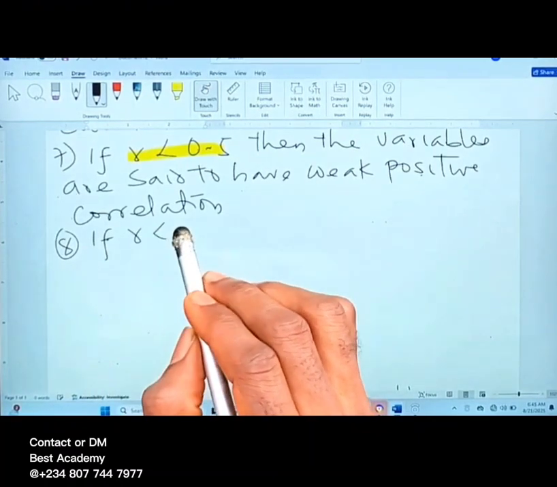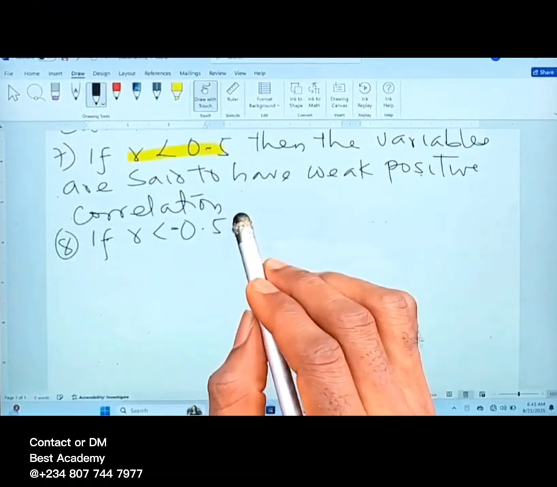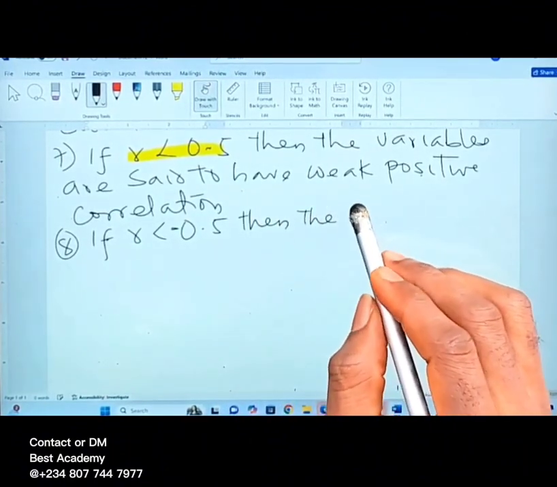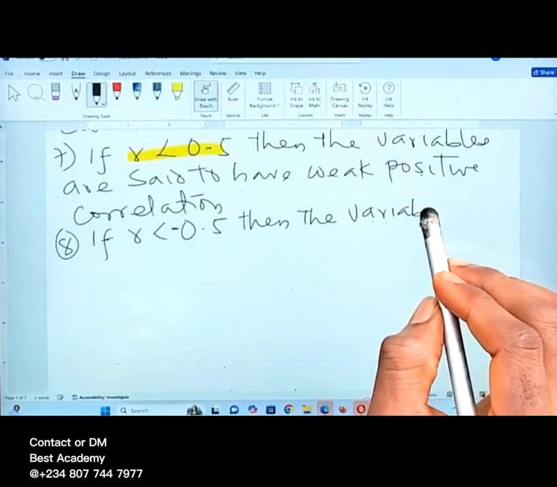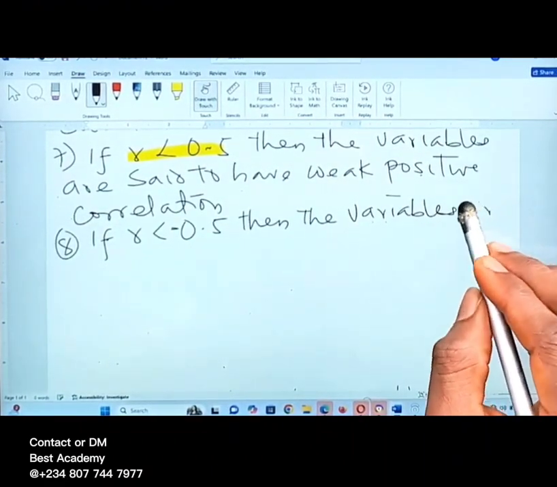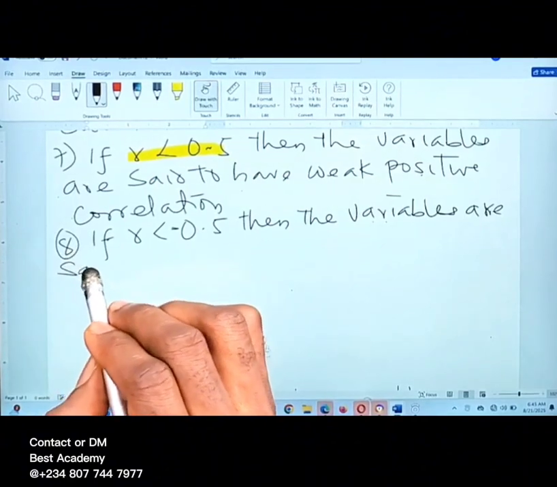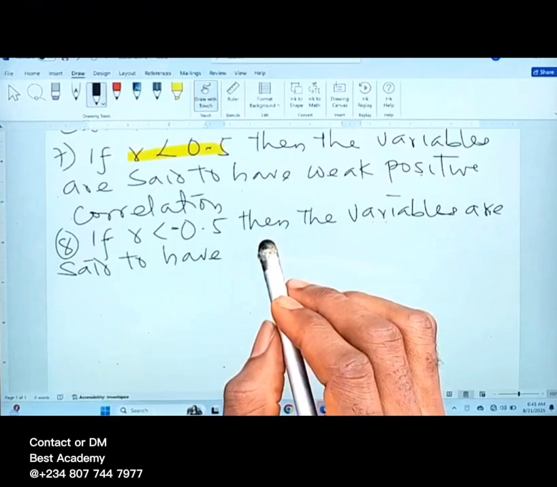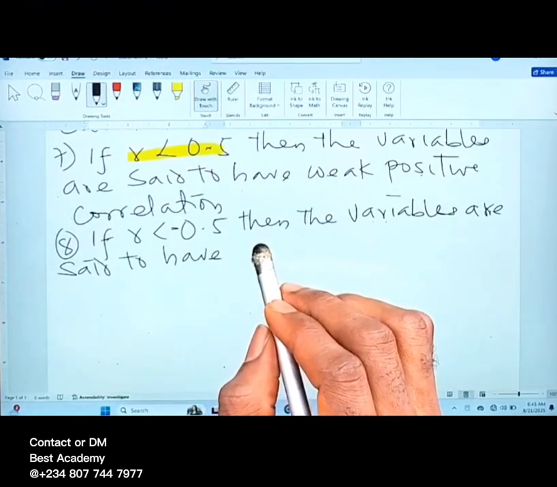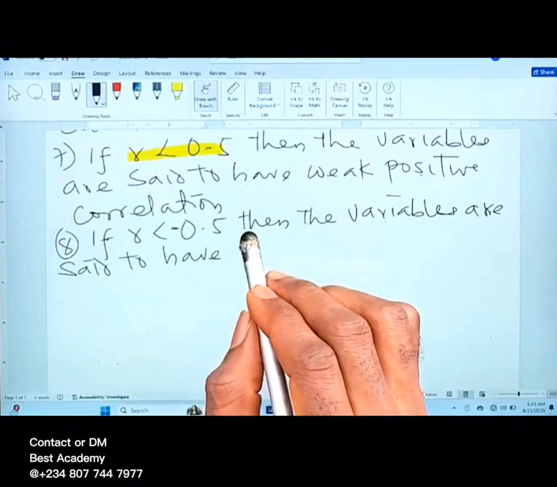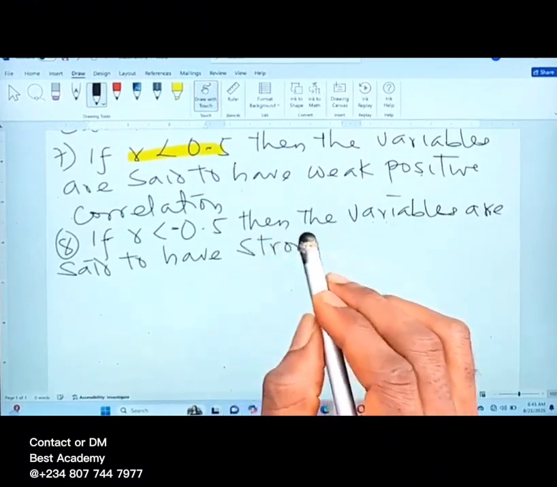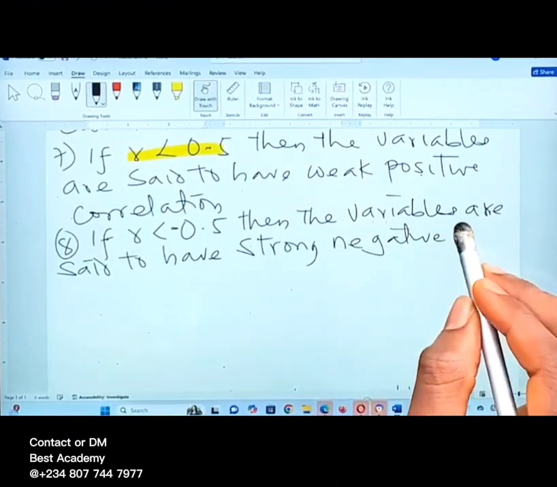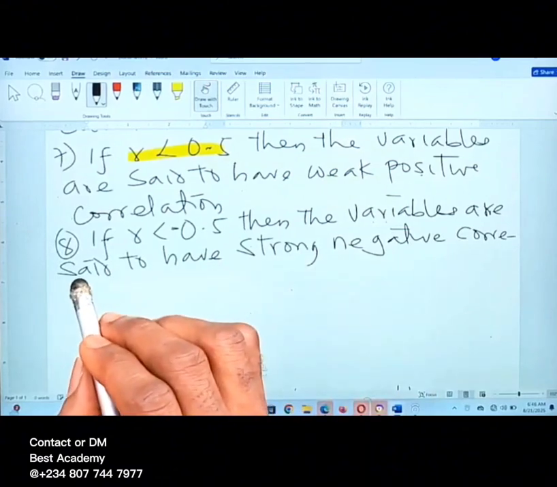If r is less than minus 0.5, then the variables are said to have strong negative correlation.